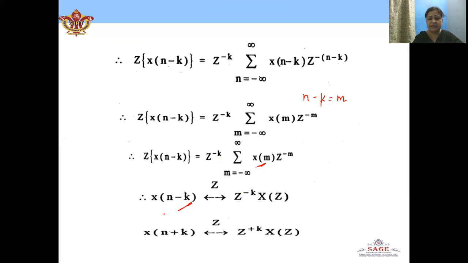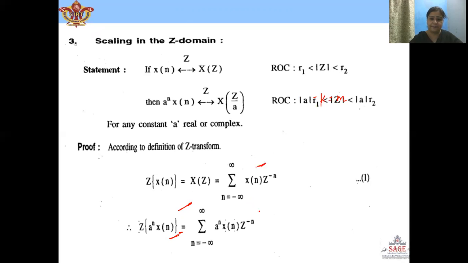If the signal is being advanced, that means we have signal x(n plus k). In that case, the z transform will be X(z) into z raised to power k. So in case of delay, we multiply by z raised to power minus k, and in case of advance, we will write z raised to power plus k.